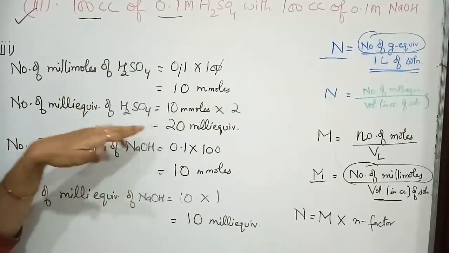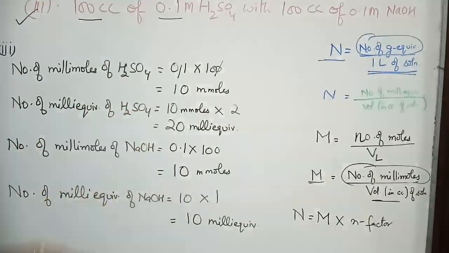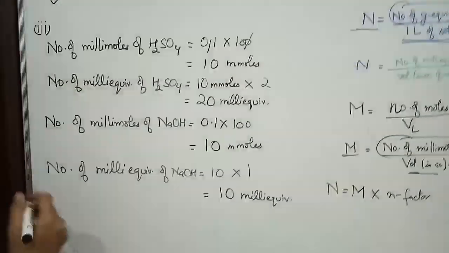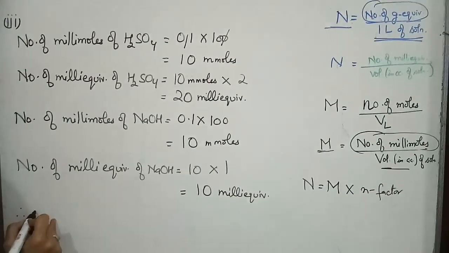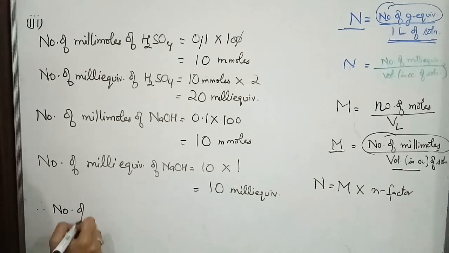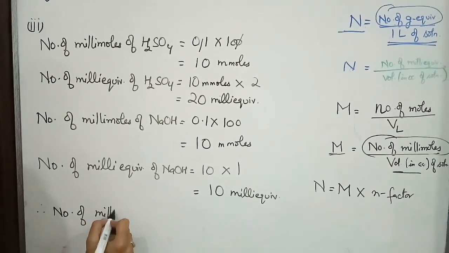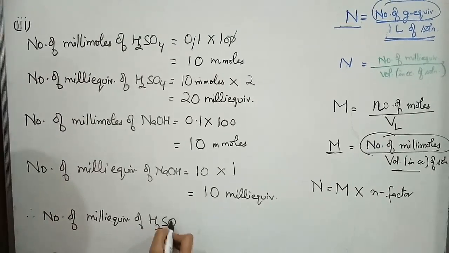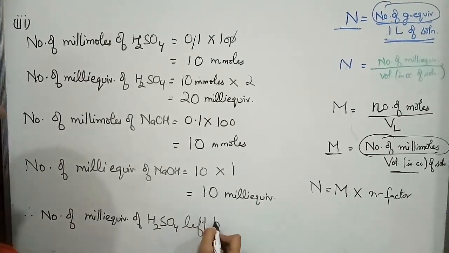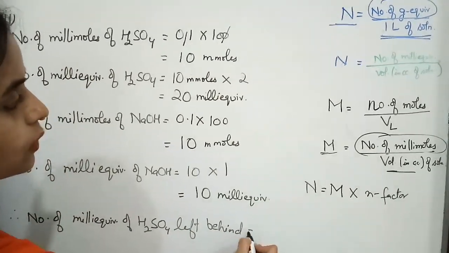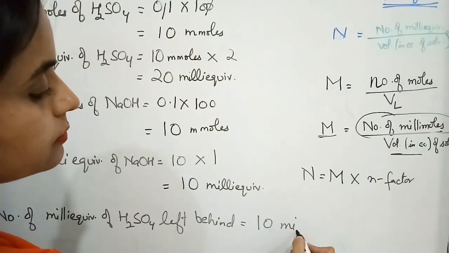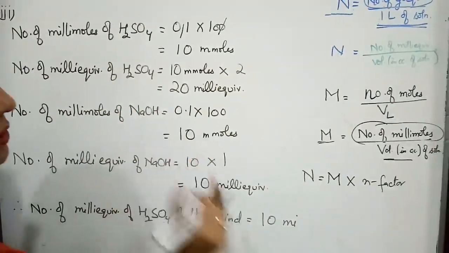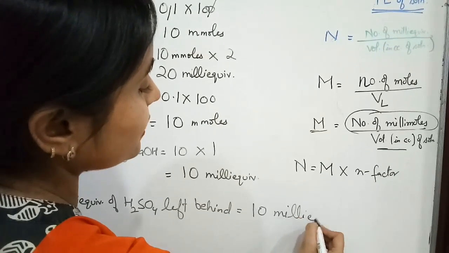As a result, some H2SO4 is left over. Therefore, number of milli equivalent of H2SO4 left behind is 10 milli equivalent, because out of 20, 10 is used.